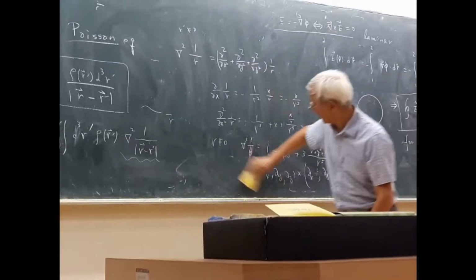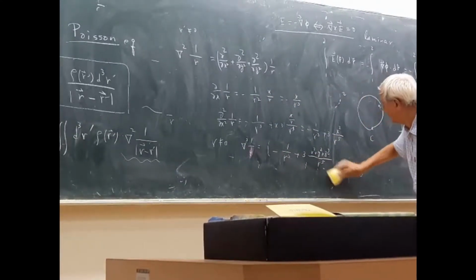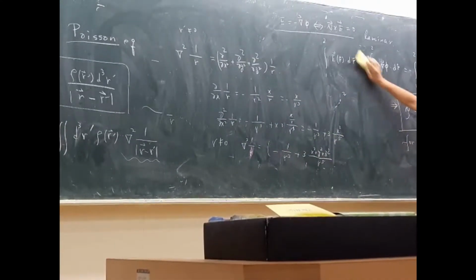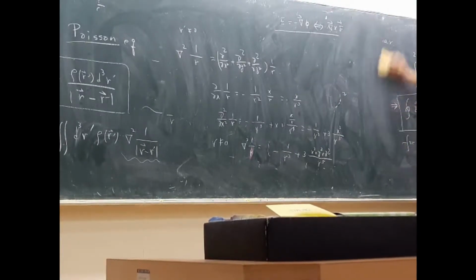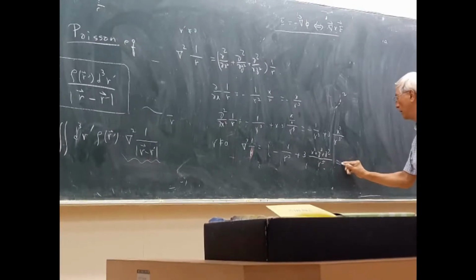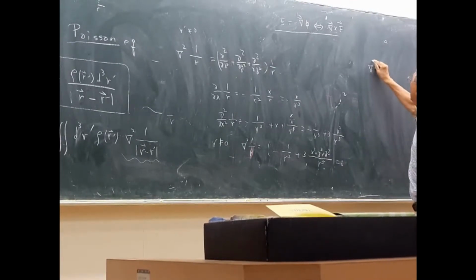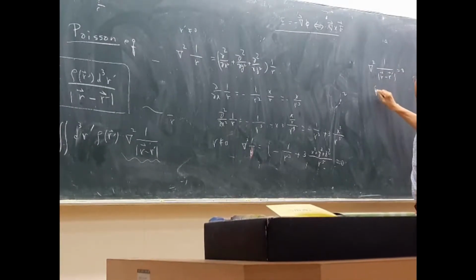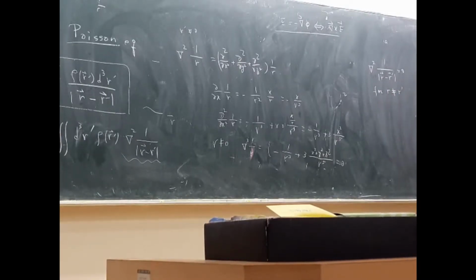Right? So that's 0. Okay, so in general, we know that r minus r prime is 0 for r not equal to r prime. Okay?